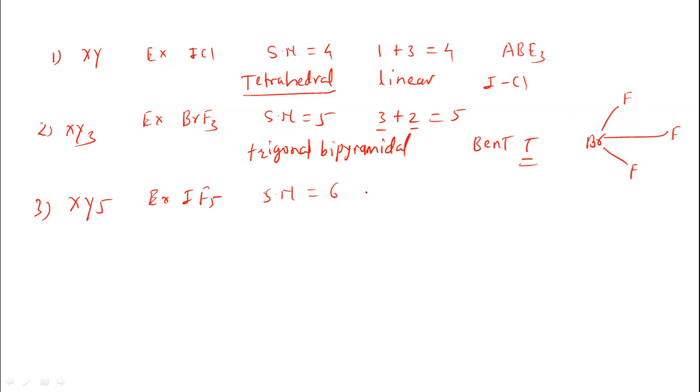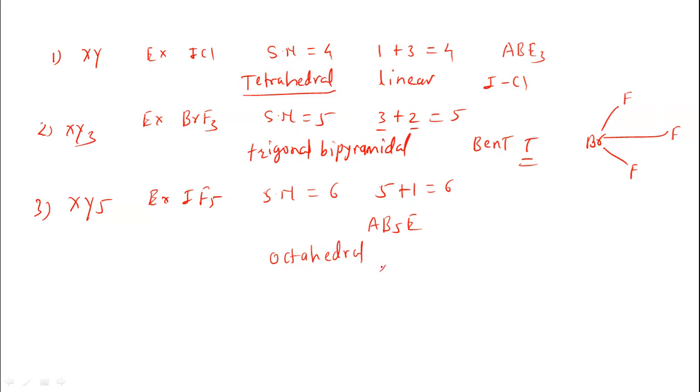How is it 6? The number of bonding pair electrons is 5 and only one lone pair electron is there. So this is a molecule of the type AB5E. The expected geometry according to the steric number is octahedral. If the steric number is 6, geometry is octahedral.